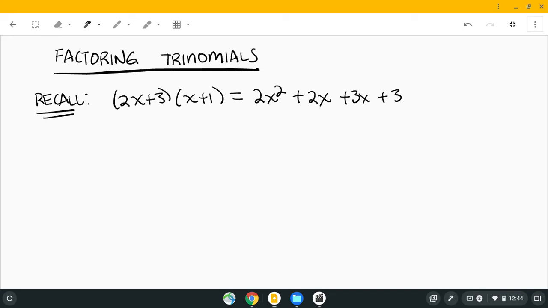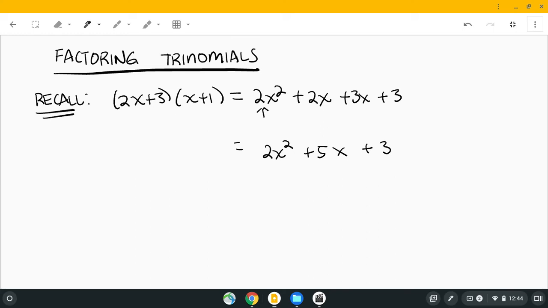Okay, so what I want to do here is focus on how we got these 4 terms. Let's go ahead and simplify this. So it's 2x squared plus 5x plus 3, right? I combined the like terms here and I got the 5x. Now let's see how we got these 4 terms. I got this one by multiplying the first term times the first term.